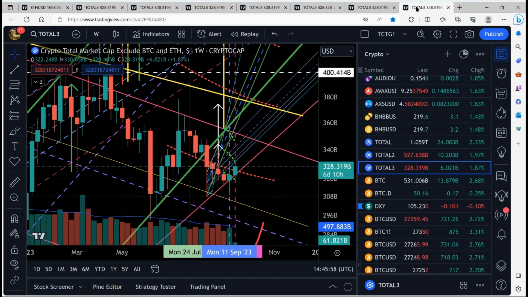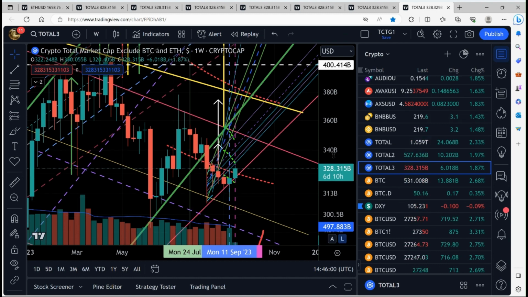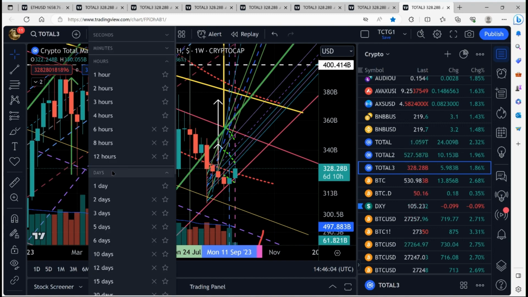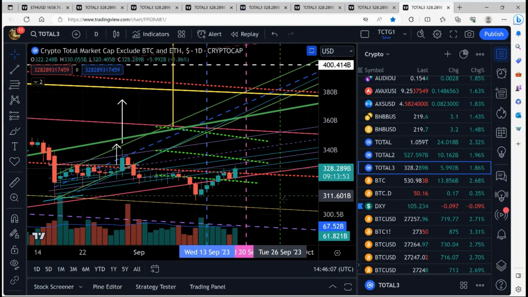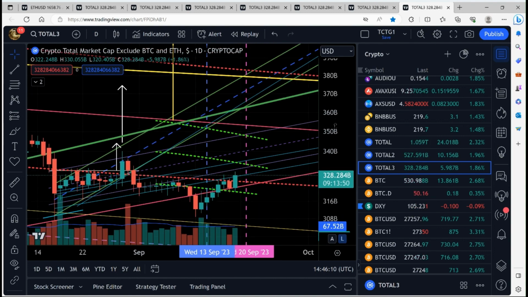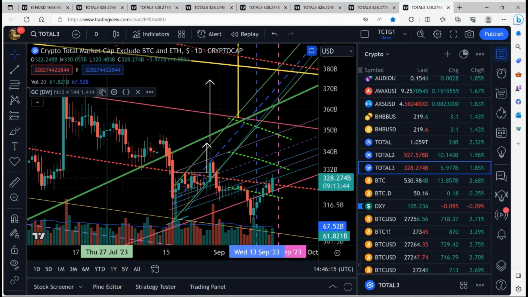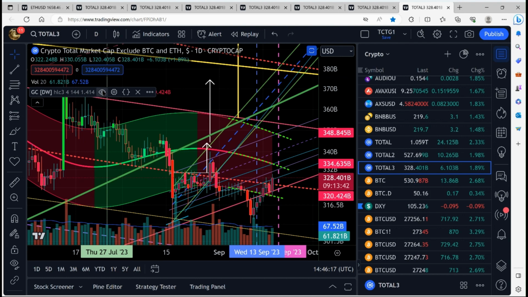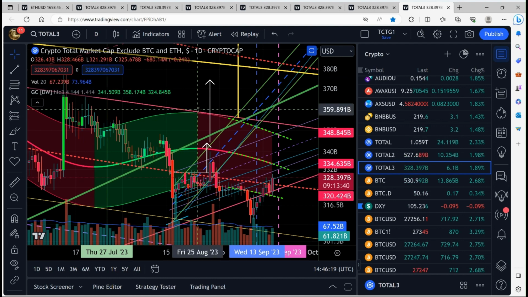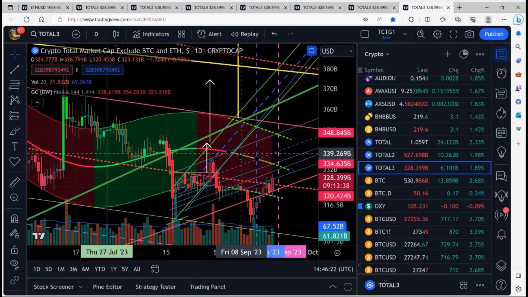This is on the weekly time frame, and I will switch to a daily just for a second to show you something. I have the Gaussian channel marked off on different time frames on this chart with many lines. The green lines are the daily Gaussian channel.